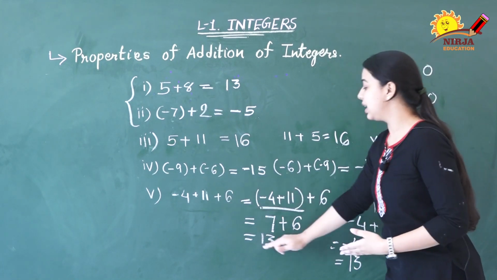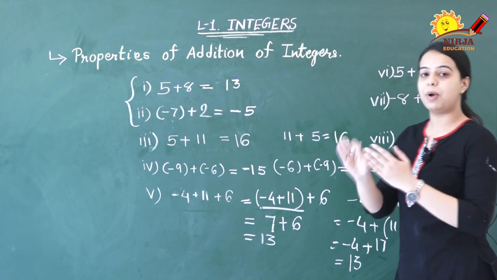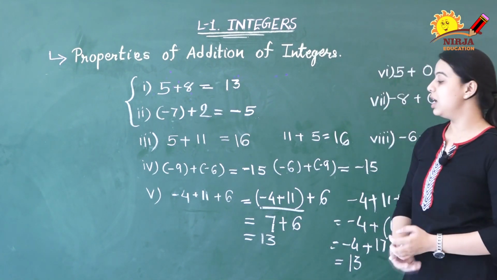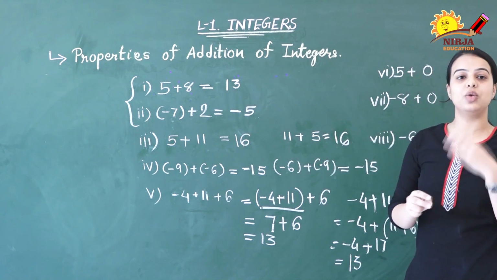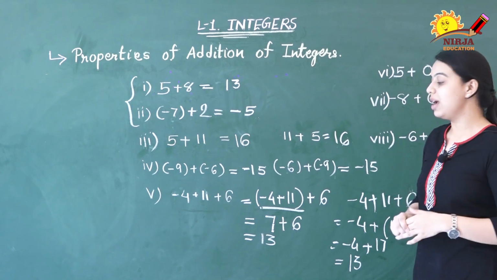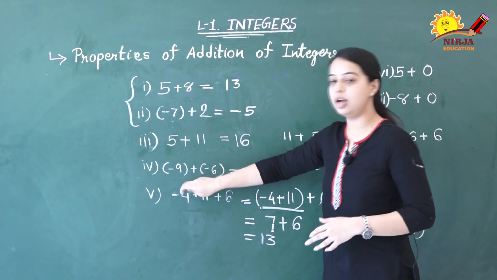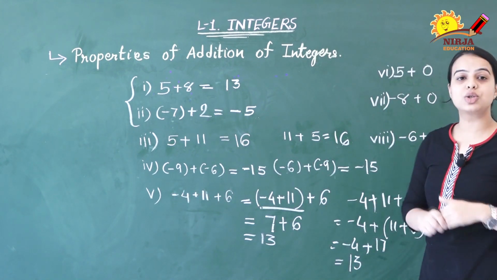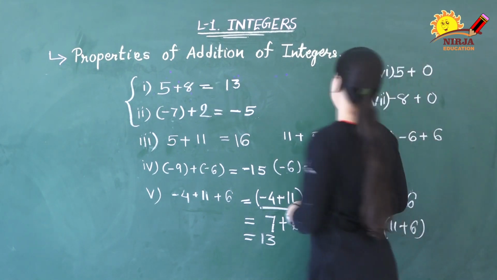So you can say, if you are going to change the order in which you are performing the operations, then also the result will be same, and this is your third property of addition, and you can say this property as associative property. Why associative property? Because whenever we are going to change the order, then also the result will be same. So this is the associative property for addition of integers.